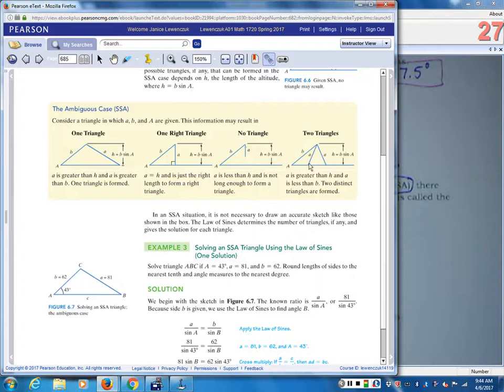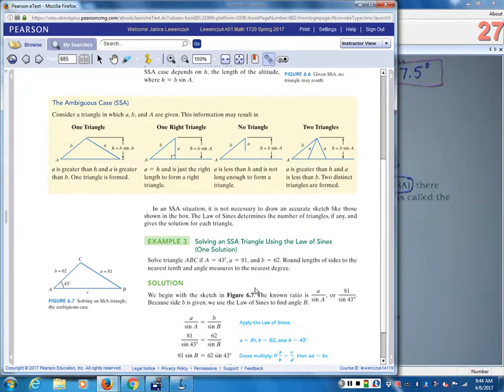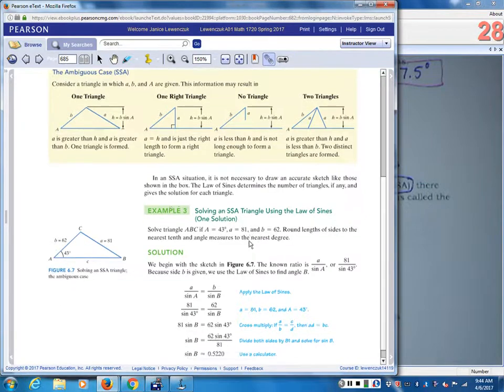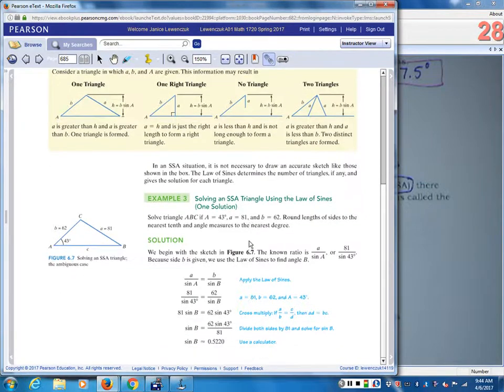Or you could have two triangles, one like this and one like that, if a is greater than h and a is less than b. So this is side-side-angle, and we don't have to draw an accurate sketch, but the law of sines will determine the number of triangles, if any, and the solution for each triangle. So here's an example. We're not doing that one.